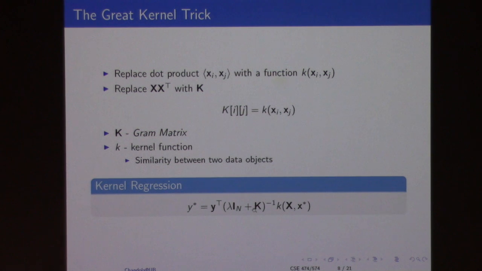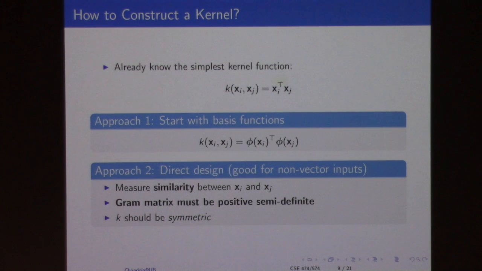So the point behind kernel methods is that any machine learning algorithm in which the data points only occur as pairwise dot products can be replaced by a kernel computation, and then you can generalize them to any kind of data. All right. Now the next question is, how do we construct a kernel?